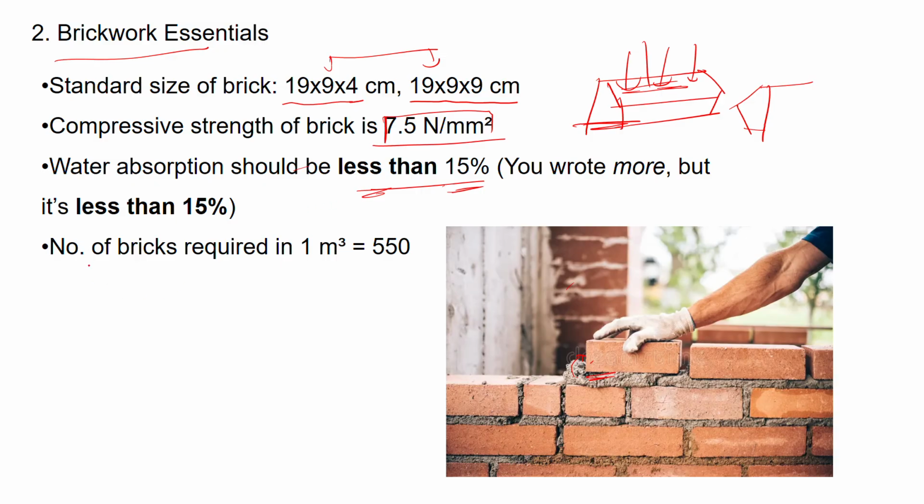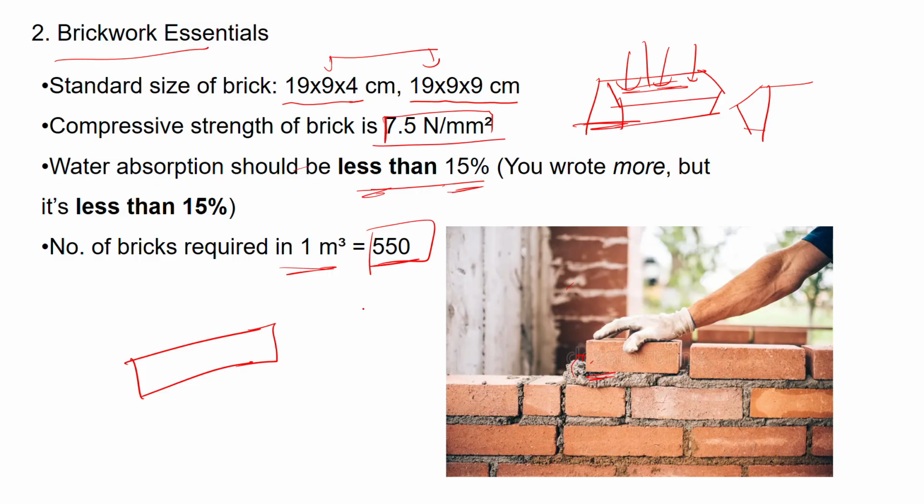Remember that. Number of bricks required for 1 cubic meter, that means 1 meter length, 1 meter height and 1 meter width, is 550.